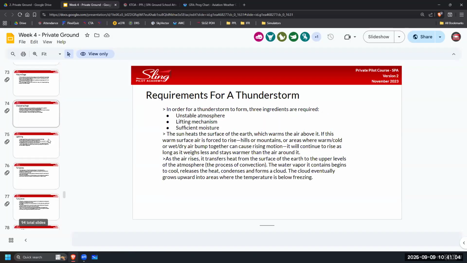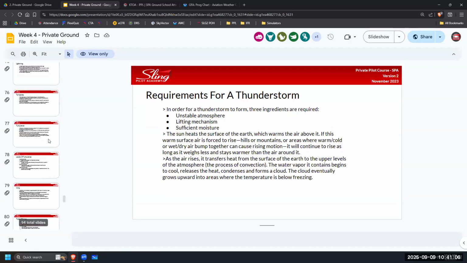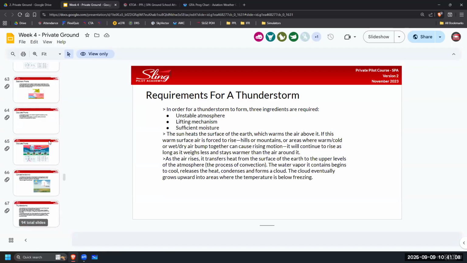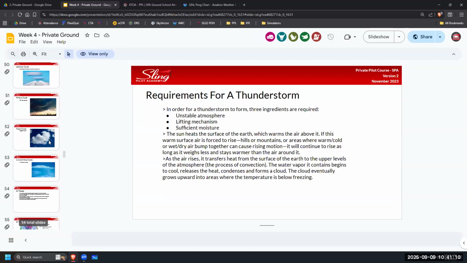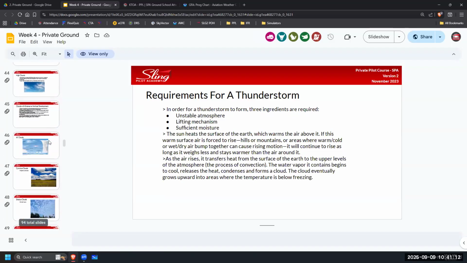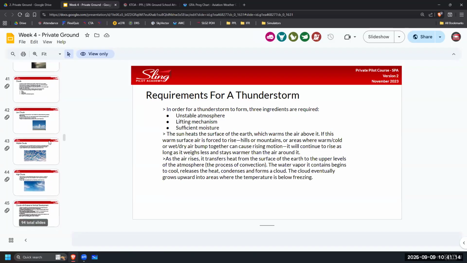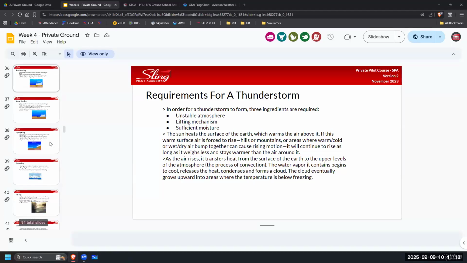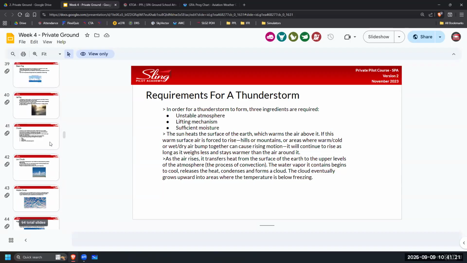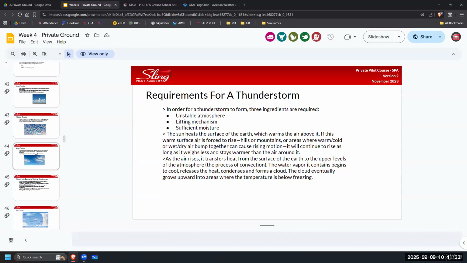There they are. What else can I ask? What do we remember about radiation fog?